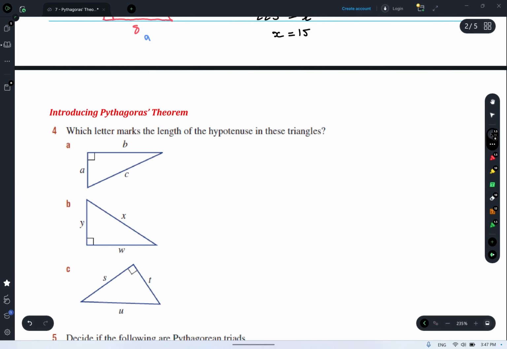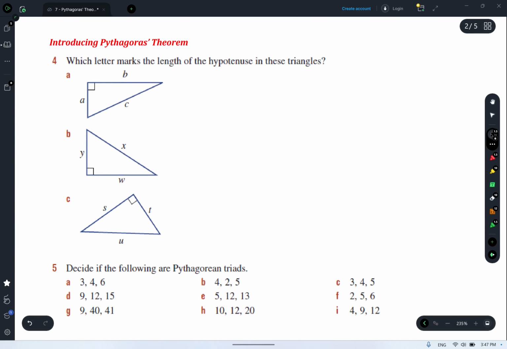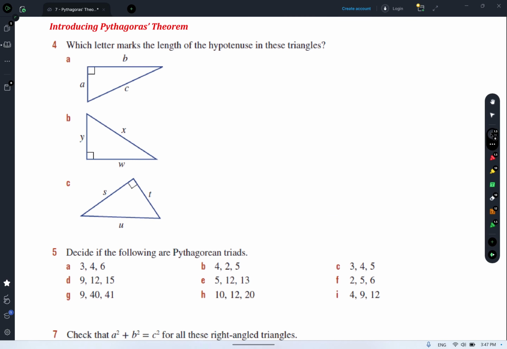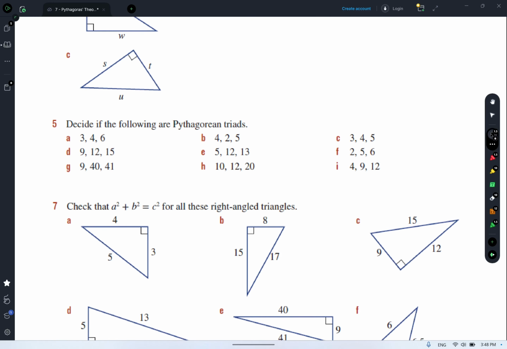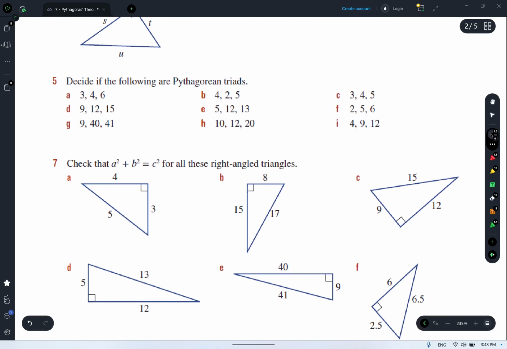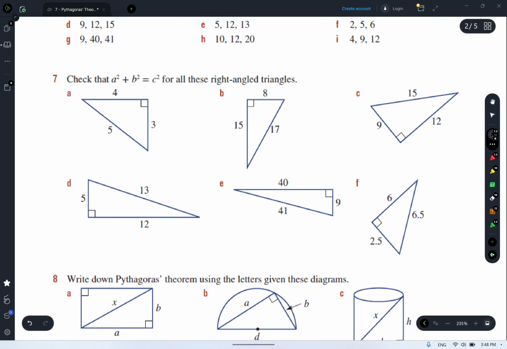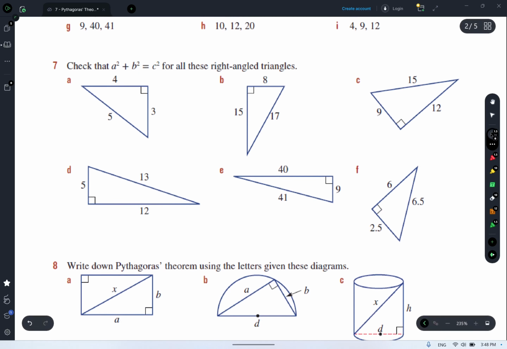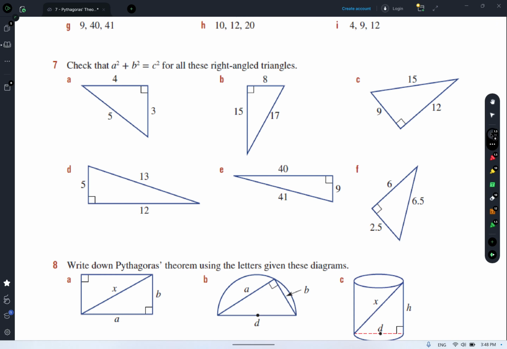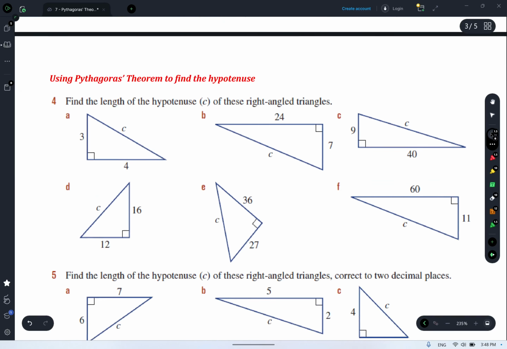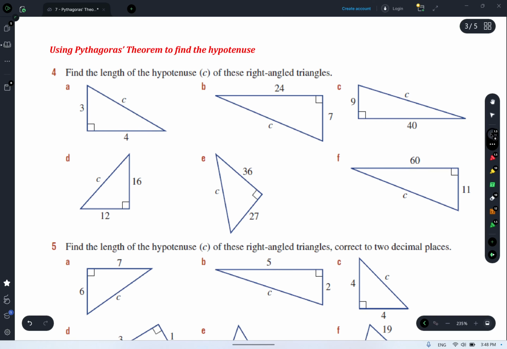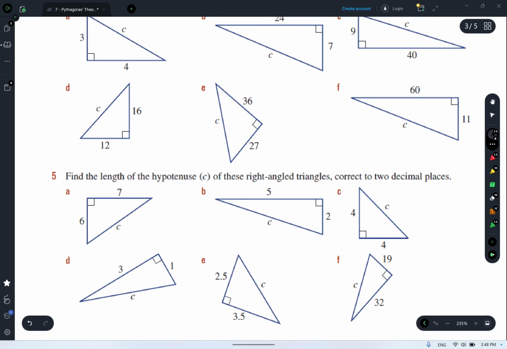So in this exercise, first of all, you need to introduce Pythagoras Theorem, where we look at the determination of Pythagorean triads. So you'll be putting into Pythagoras Theorem and seeing if it works. Here we're just checking to see if a squared plus b squared equals c squared works, and then write down Pythagoras Theorem for these. And then for these questions, you'll need to do like what we did in those examples, find the missing values.